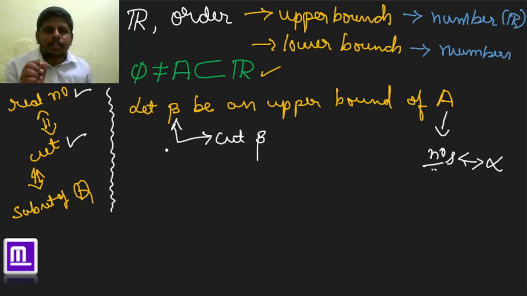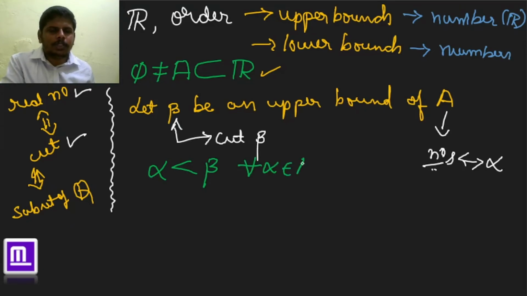So here what we have is this one. We have alpha is less than beta for all alpha belongs to A. That means alpha belongs to A means there is a cut, say alpha, whose corresponding number is in A. You can look at it like this.